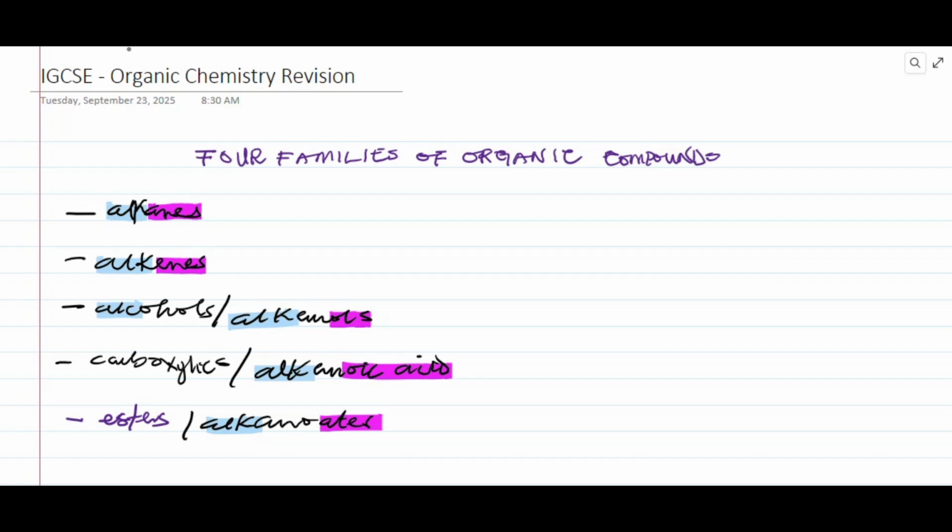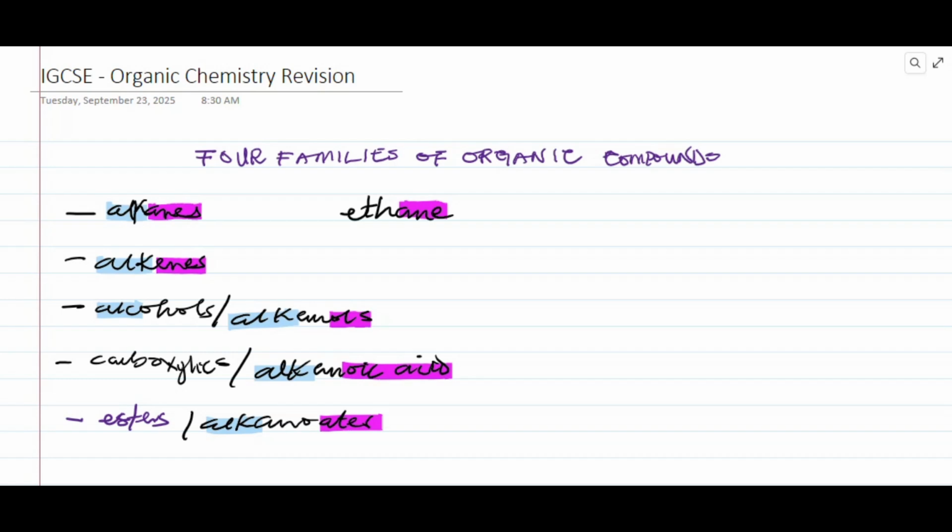Whenever you see a compound whose name ends with -ane, you know that compound belongs to the alkane family. For example, when you have ethane, you don't need to trouble yourself. You know this one belongs to the alkane family because of the -ane ending.